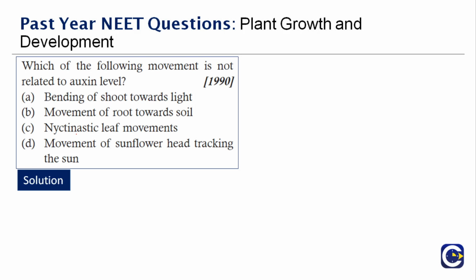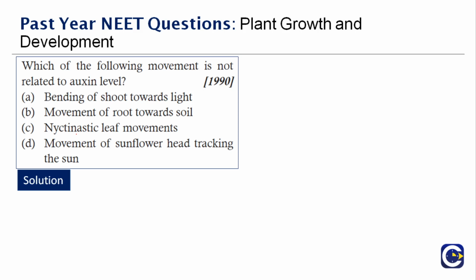Now this is nyctinastic, nyctinastic leaf movements. Movement of the sunflower head tracking the sun is also related, but the wrong one is option C. All movements except the nyctinastic movement are related to auxin.